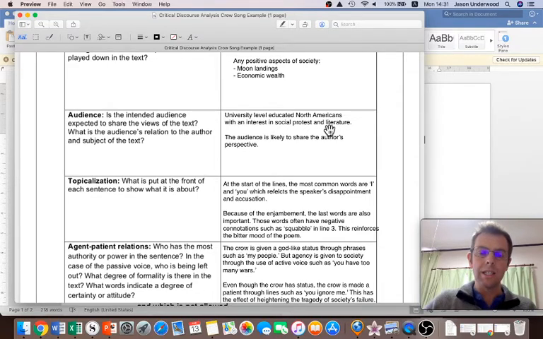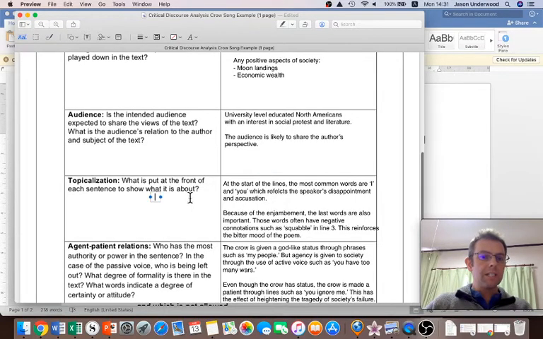Also, her poetry is very non-standard, and so that means her audience is going to be quite specific here. And the audience is likely to share the author's perspective on this. So this is the relation to the author and the subject of the text. So it's probably a friendly audience or a receptive audience.